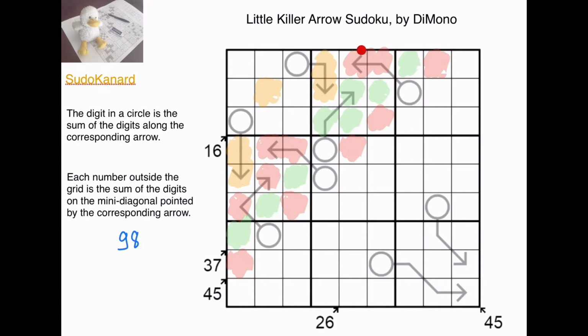And those two boxes add up to 90. Therefore, if we remove those boxes, we get a sum of 8. Those 6 cells add up to 8.